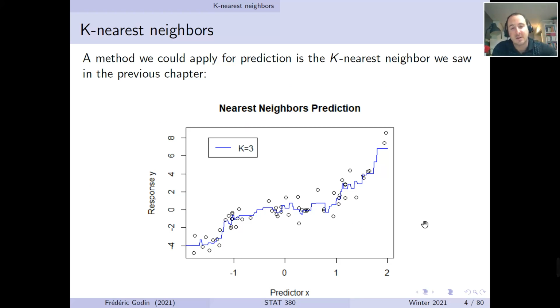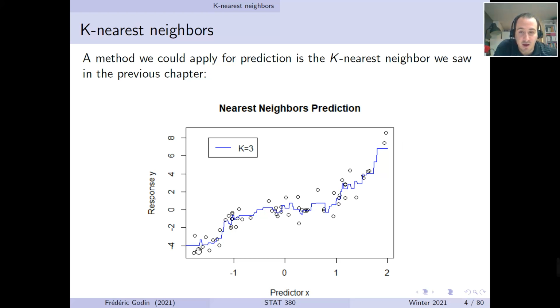As we've seen earlier, we could apply the k-nearest neighbors method that we studied in chapter 2. Let's recall this. The black dots were our simulated data, which were simulated by taking the predictor cubed plus a noise term, and we saw that the k-nearest neighbors method with k equal to 3 gave this prediction.